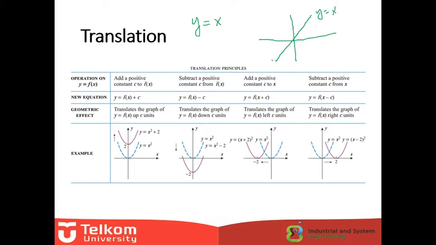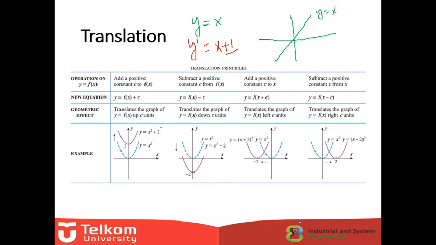Next, how about if the condition is y equal f(x) plus c? For example, I have y prime equal x plus 1. So what is the meaning from here? The translation should be move up with the value 1.